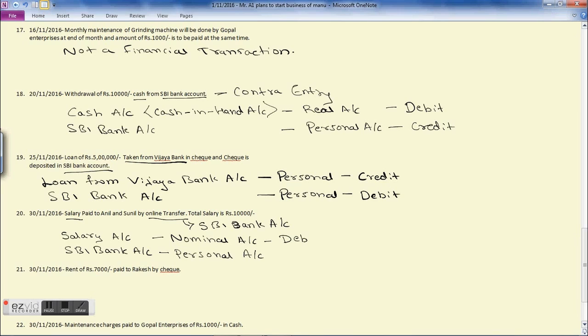Since salary is an expense, we will debit it. For SBI bank account, that is personal account, what is the rule? Debit the receiver, credit the giver. Now here SBI bank account is giving 10,000 rupees. Okay, 5,000 each to Anil and Sunil by online transfer. So we will credit. Okay. Now let's pass a journal entry.